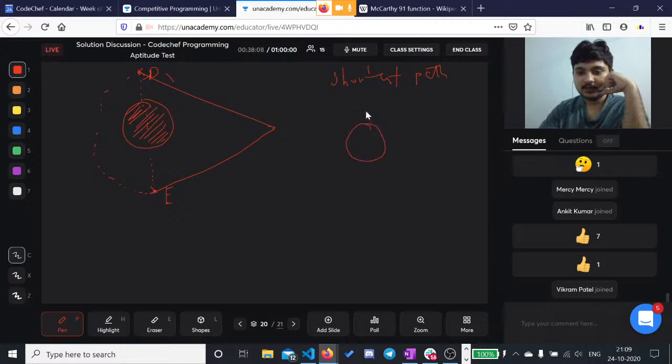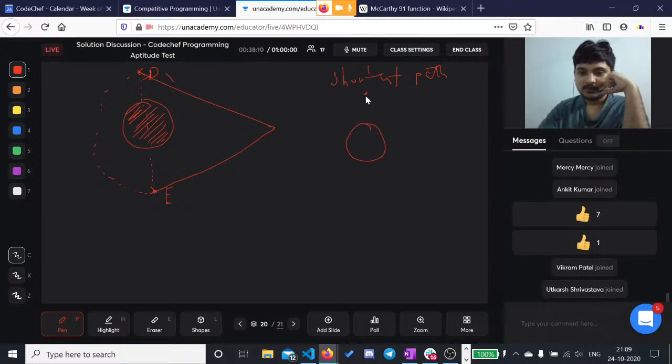It'll look like so, from here go to the tangent and then like this. So this is the shortest path from D to E. Here what's happening is at every instant you're moving as close to E as possible.